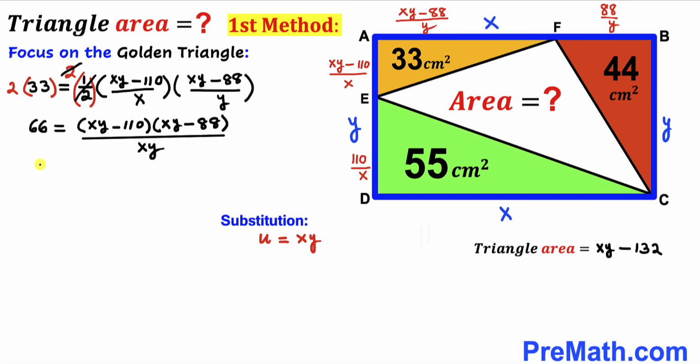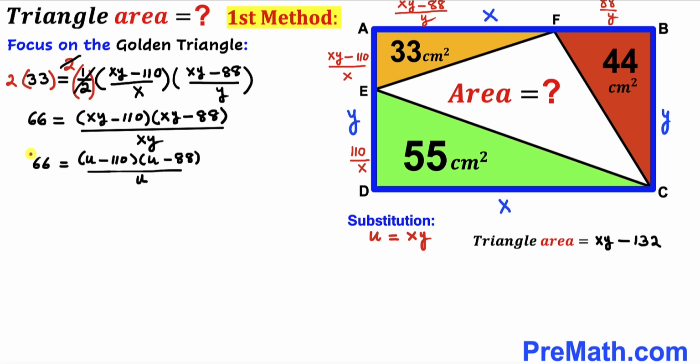So therefore this equation is going to become 66 equals u minus 110 times u minus 88 all over u. And now I'm going to multiply both sides by u to remove this fraction. And here we can see this u and u is gone.